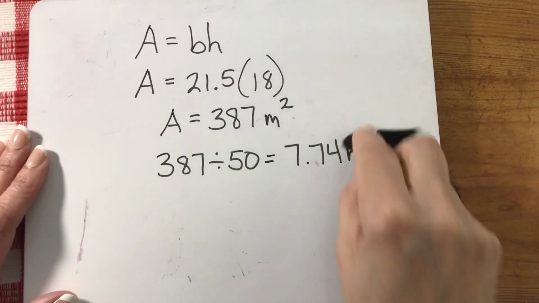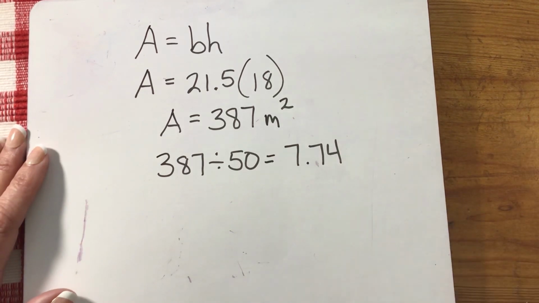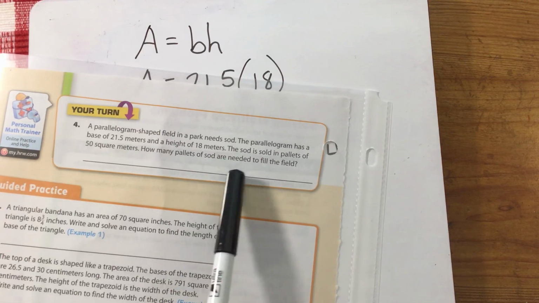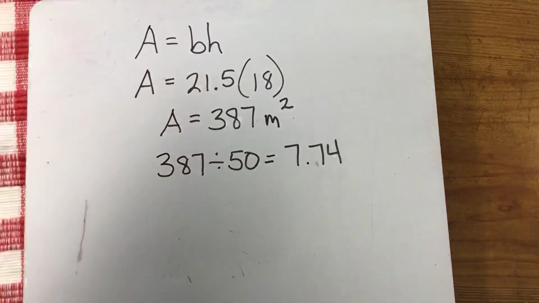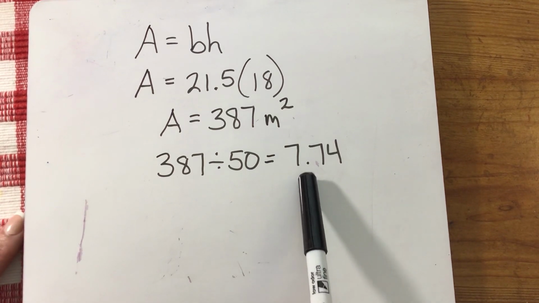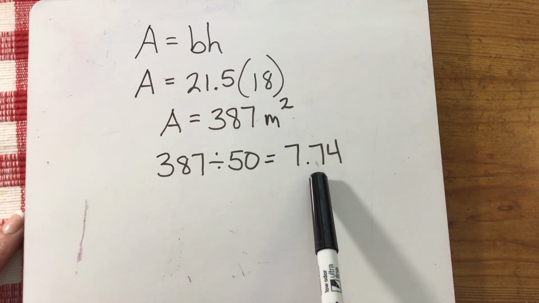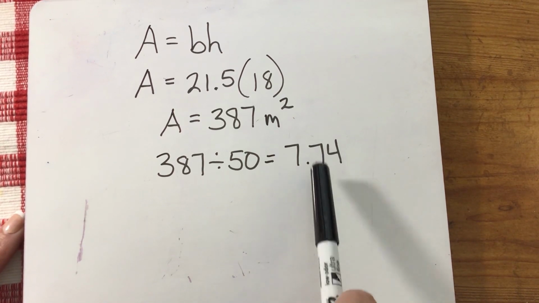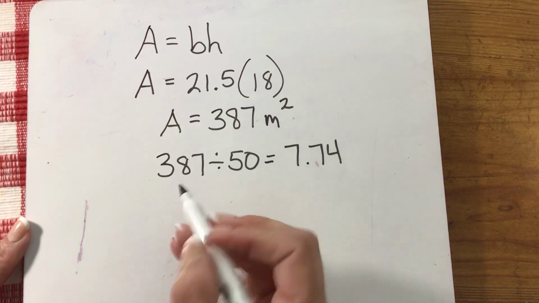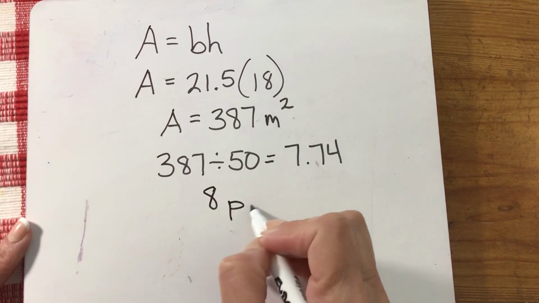Oh, actually it's pallets. That's what we're talking about here. Okay, so remember right here it says how many pallets of sod are needed to fill the field. So in total, how many pallets would you need? Well, you need 7.74. Well, you might as well round this up so that you make sure you have enough. Yeah, you're going to have extra, but at least you have enough for the entire field. So you're going to need 8 pallets.